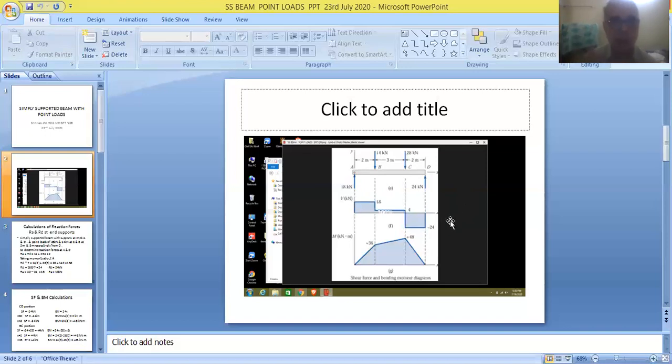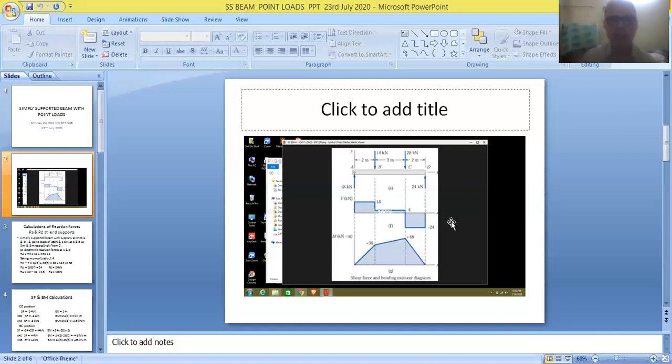Upward forces, in any region, must be allotted a negative symbol. Downward forces must be allotted a positive symbol. Clockwise moments must be allotted a negative symbol. Anti-clockwise moments must be allotted a positive symbol.